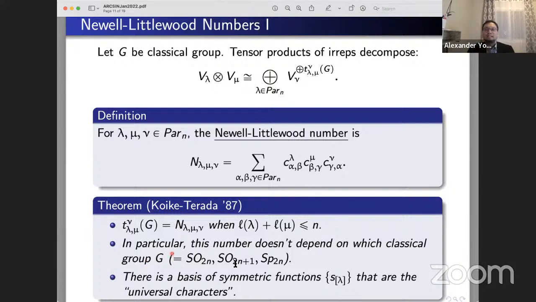That means that the structure constants are exactly the Newell-Littlewood numbers. So from that perspective, there's a very close analog to GL_n theory, I would argue even closer than the path model and so on, even if that's more general.